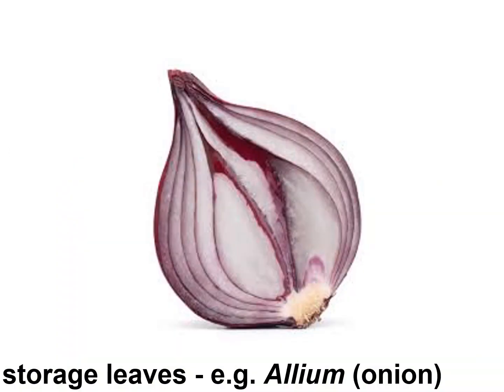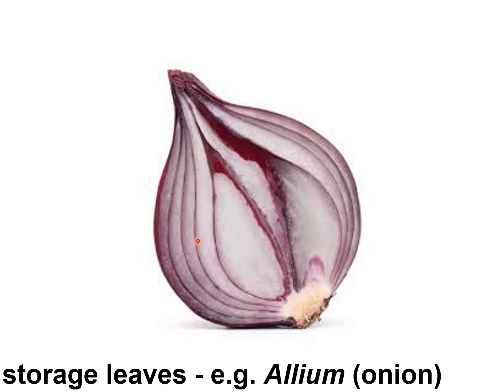The storage leaf. The storage leaf can be found in the onion bulb. The onion bulb has a relatively small stem. Here, this is the stem, if you can remember. The stem is small and surrounded by thick fleshy leaves. We call this the scale leaf or storage leaf.